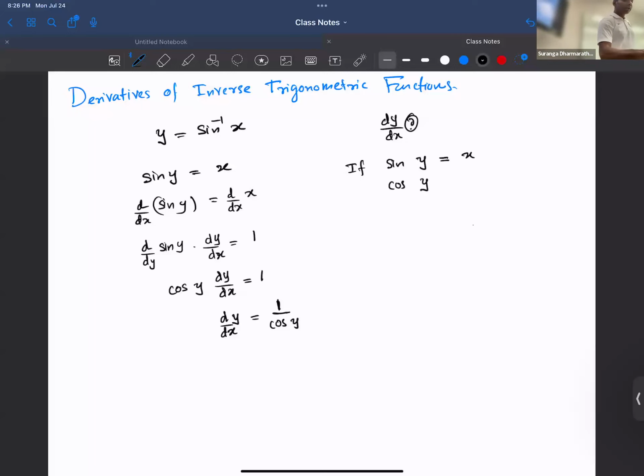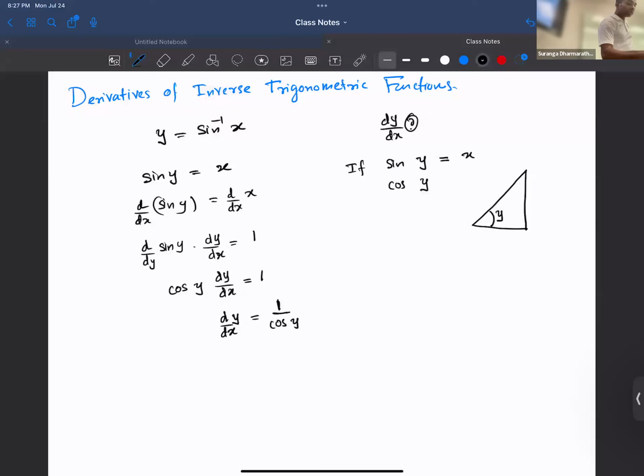If you have a right angle triangle and this angle is y, sine y is equal to opposite side divided by hypotenuse.